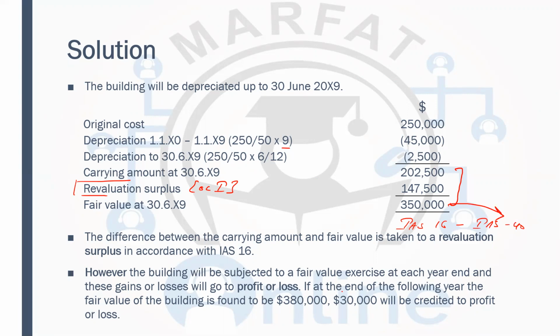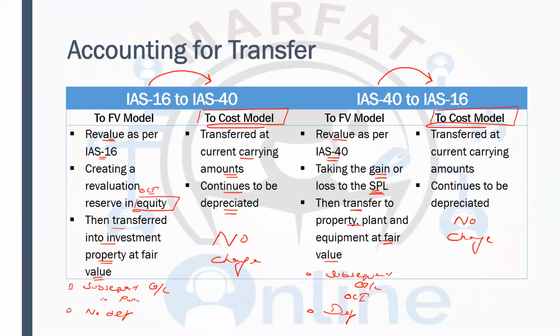Let's assume that at the end of the following year, after 1 year, the building is found to be 380,000. This is the subsequent gain, which should now be recorded in profit or loss because now the property is in IAS 40, not IAS 16. So the treatment is simple.